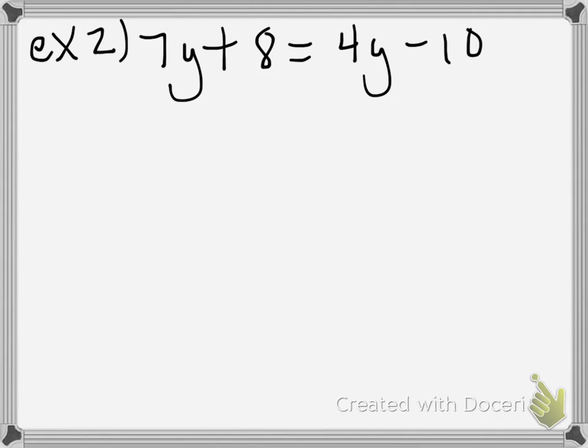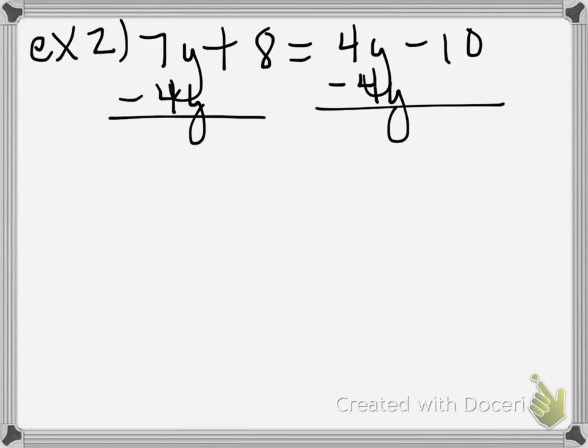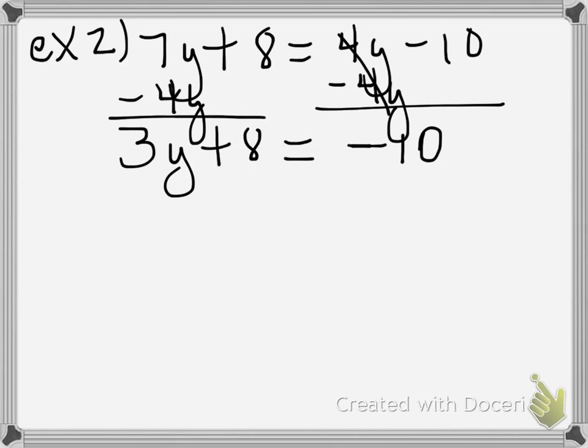So what we're going to do first, I think I'll subtract 4y from both sides. And you can do this vertically or horizontally, whichever way you want to do it. So 4y is canceled on the right. That leaves me negative 10. 7y minus 4y is 3y plus 8 equals negative 10.